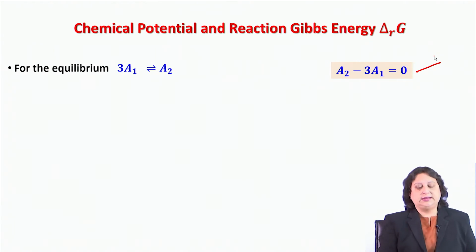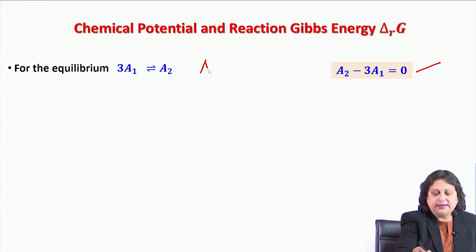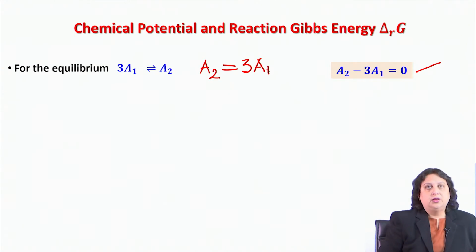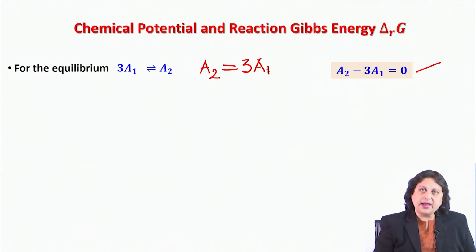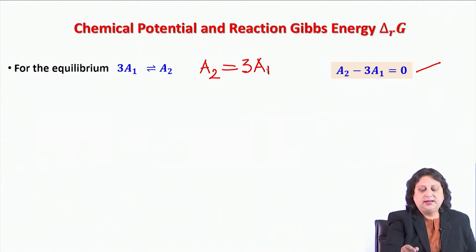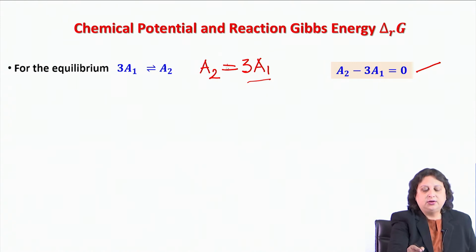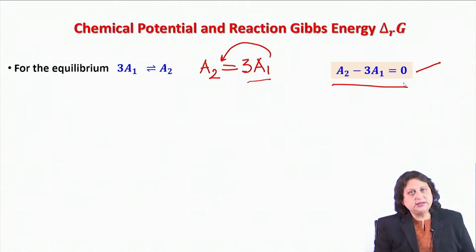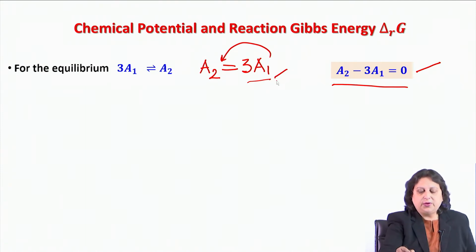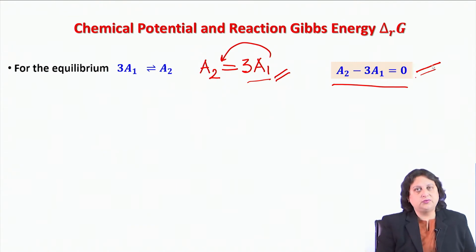So what is it that I have done? All I have done is I have written down the balanced equation as A2 equal to 3A1, where A2 is my product and A1 is my reactant. And then I have algebraically taken the right hand side to the left hand side, and this is how I write this equation. Now, what is the difference between this form of the equation and this form of the equation?